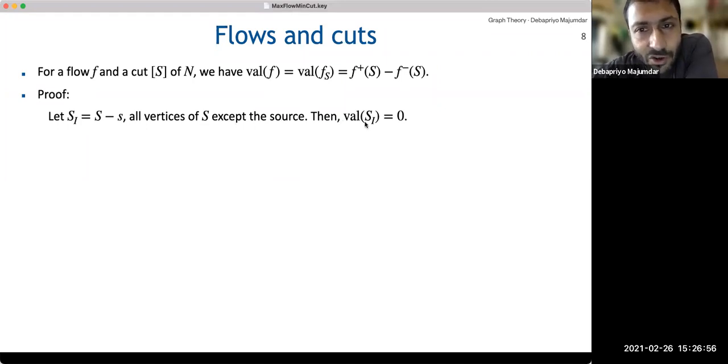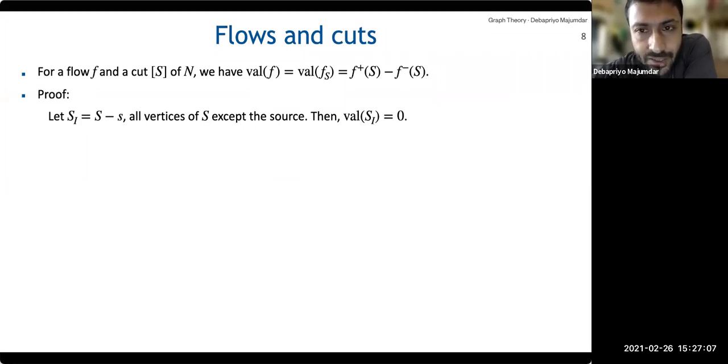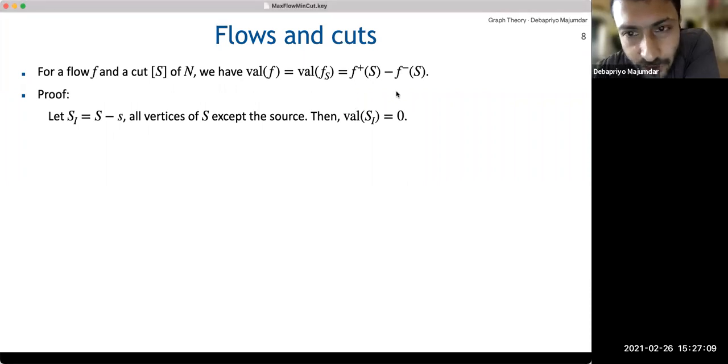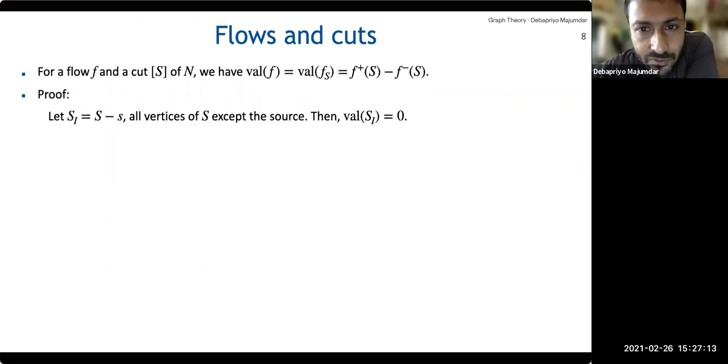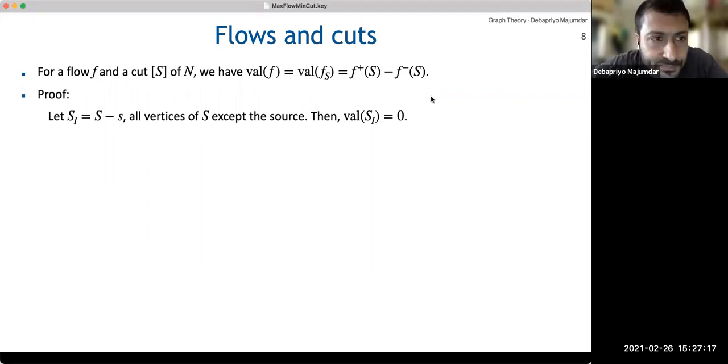Then we already know that if a subset of vertices does not contain the source, then the value of that subset must be 0, because the incoming must be equal to the outgoing. We have already seen it before. We have not proved it, but it was simple, so I left it. So if we take the source out of S, then the value is 0.